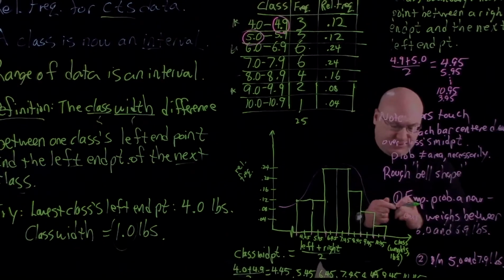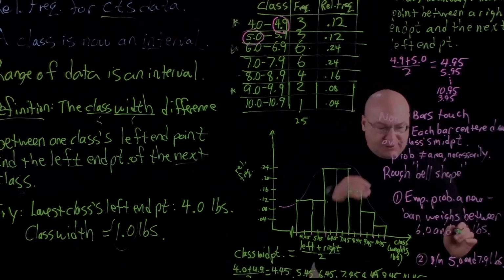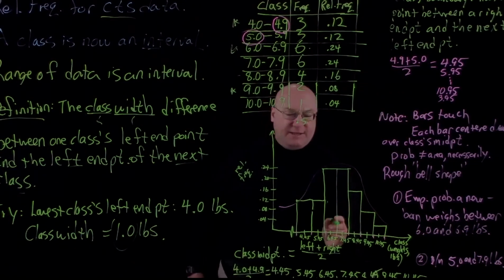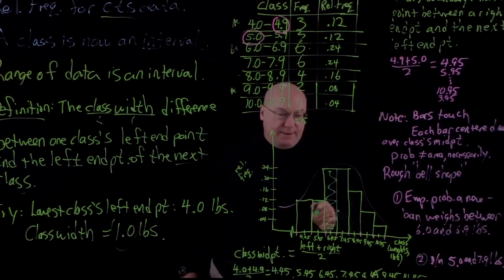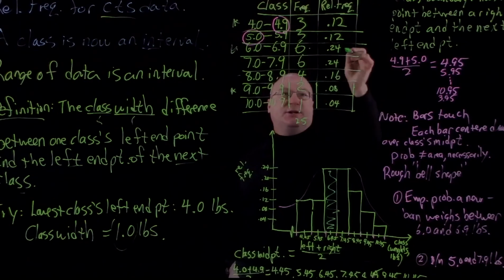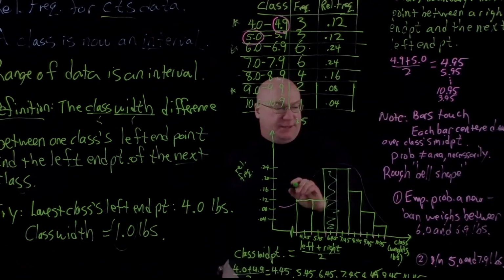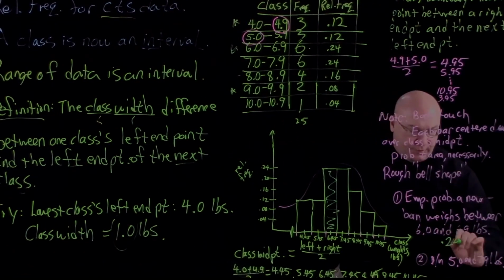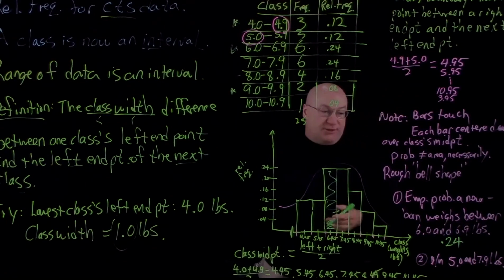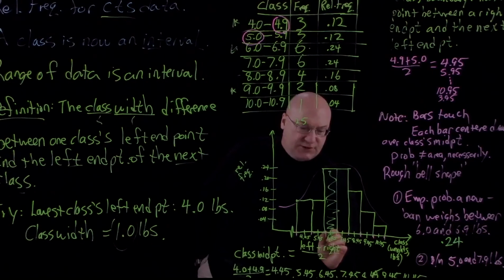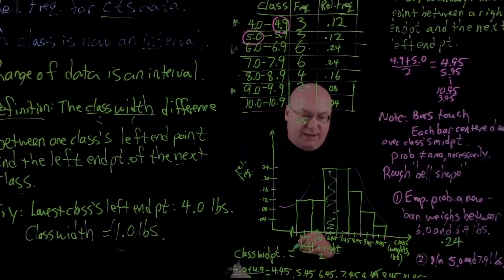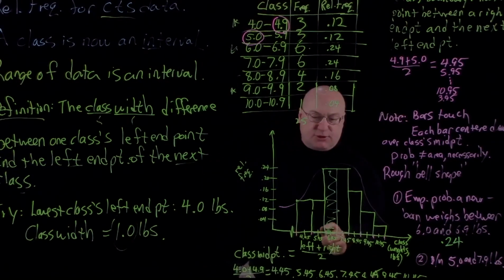Okay, this should be very easy. Between 6.0 and 6.9 pounds, that is this class, right? I can look at my height and see that it's 0.24. What about between 5.0 and 7.9 pounds? That corresponds to this class and this class, those 3 classes.